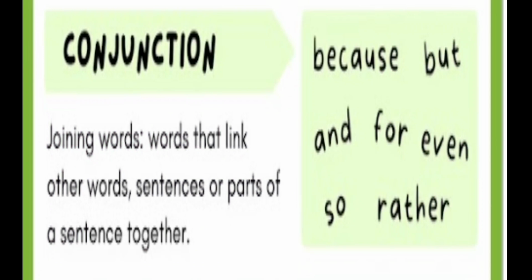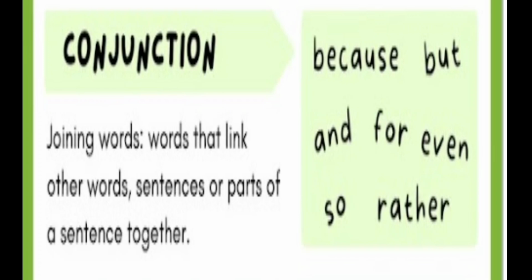The examples here are because, but, and, for, even, rather. So these always help us to link words, sentences, or phrases. So these were the 8 parts of speech that we came across today.